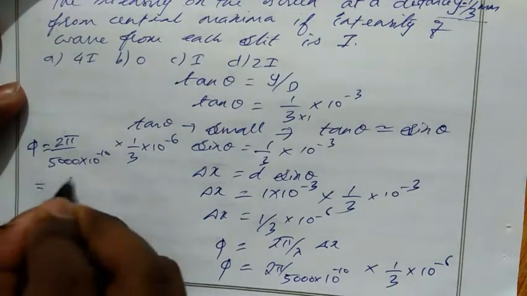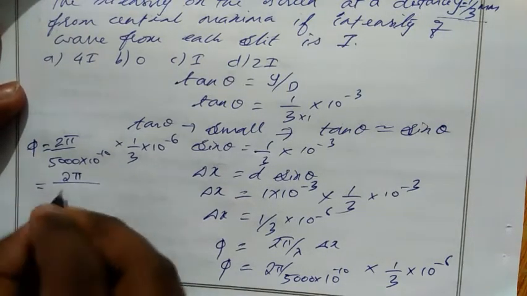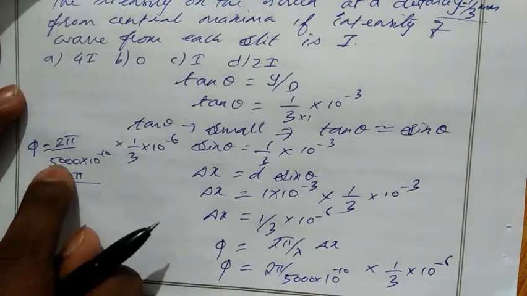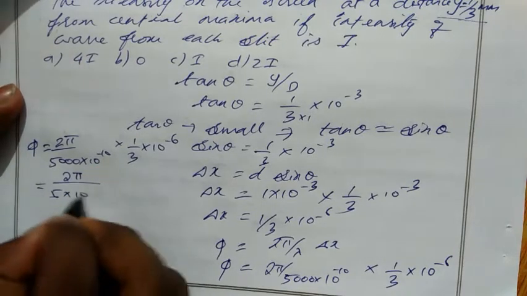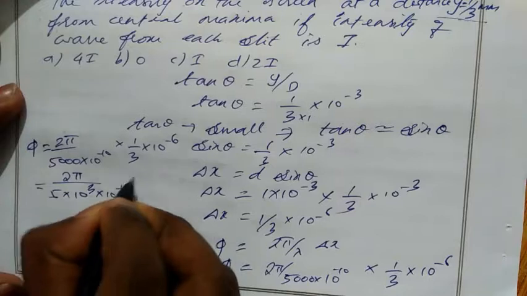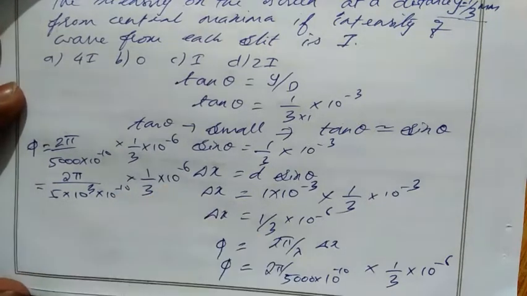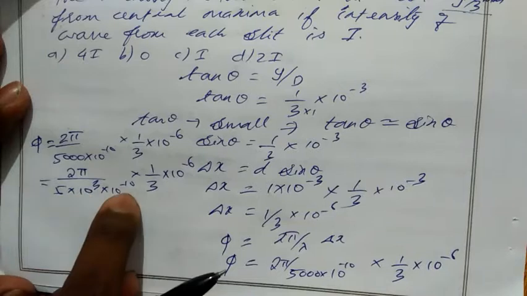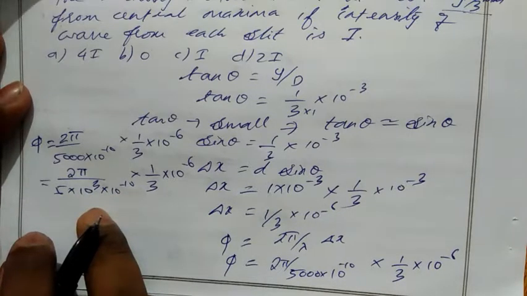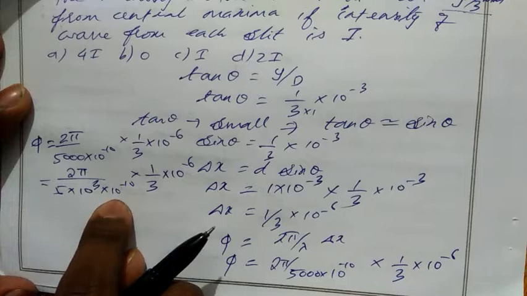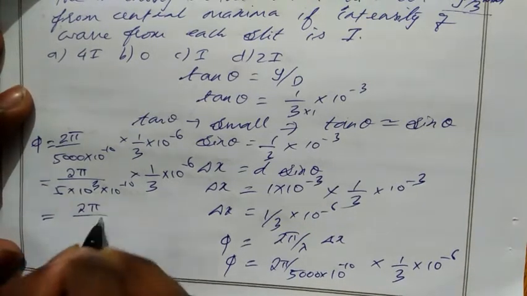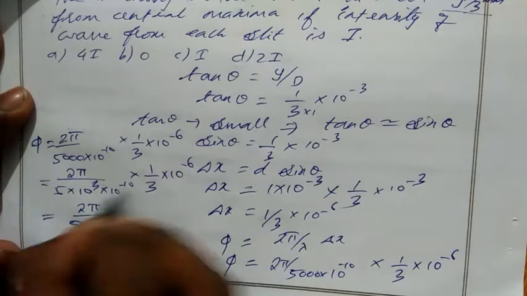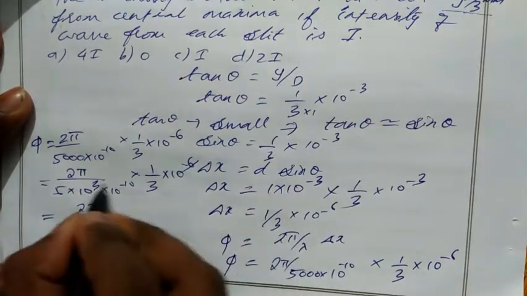So we can write it as 2 pi by 5 into, so here we have 10 cube, here we have 10 power minus 10. So 5 into 10 cube into 10 power minus 10 into 1 by 3 into 10 power minus 6. Then 10 cube into 10 power minus 10 will become 10 power minus 7. Then here we have 10 power minus 6, so 10 power minus 6 and 10 power minus 7 get cancelled.